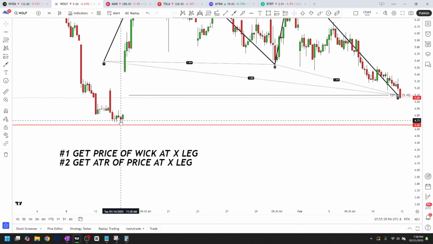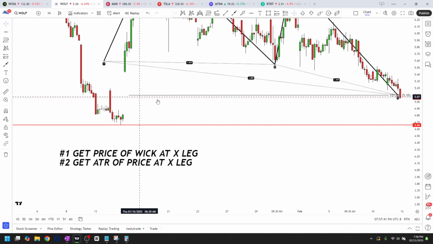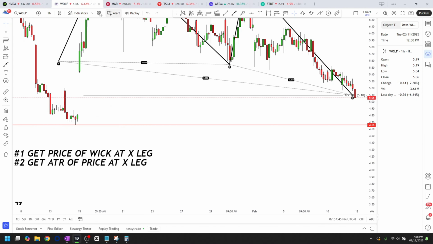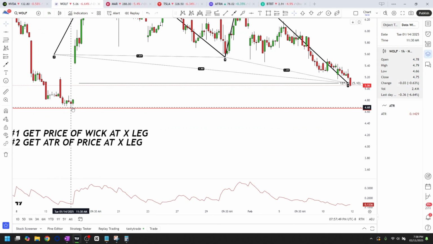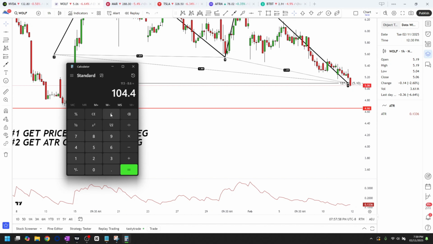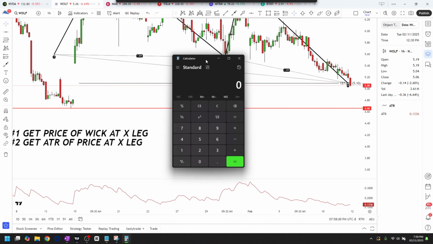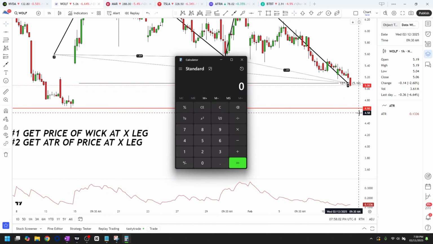And then the ATR of that candle, right? So again, go to the data box to the side, grab the data box, go to your indicators and get your ATR. And then hover over that candle and you'll see the ATR is 0.1429. So grab the calculator, and then type in 466.